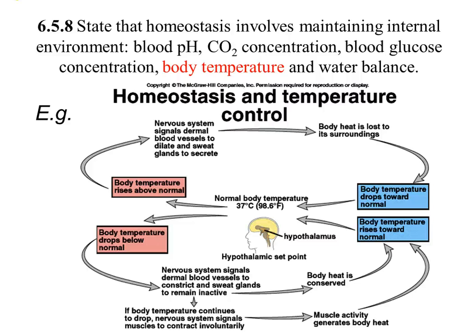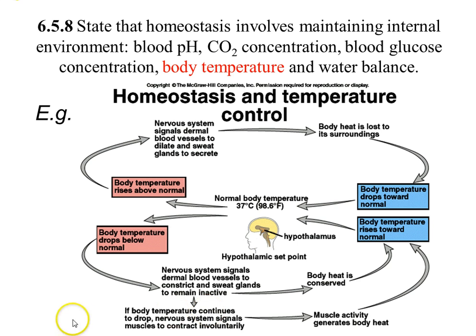Your body's keeping all that blood in your core and away from your extremities. Essentially, it's pulling blood away from your skin so that it's not losing heat to the environment. And hopefully what that means is body heat is conserved, and body temperature returns to normal.